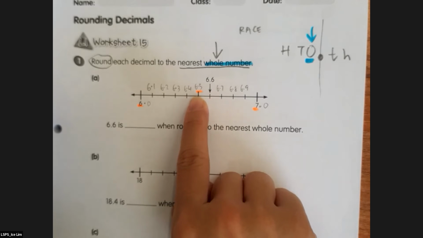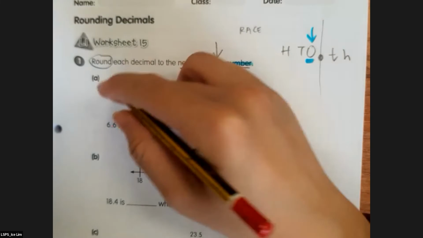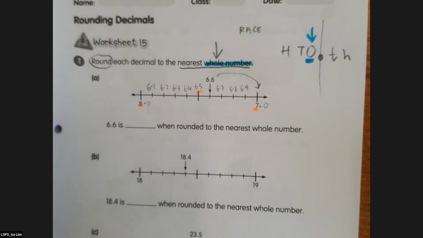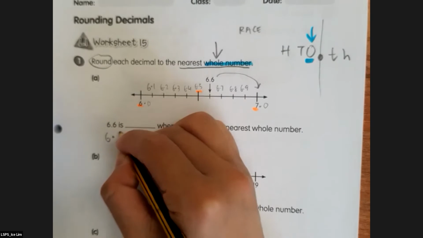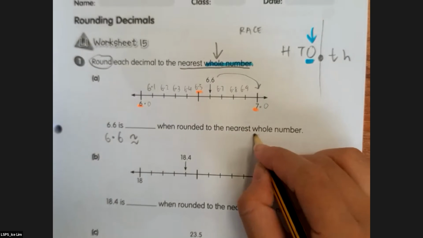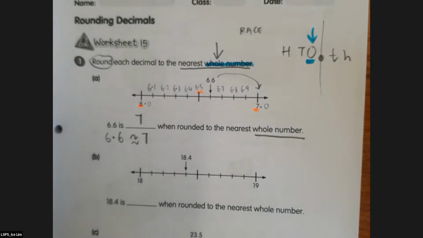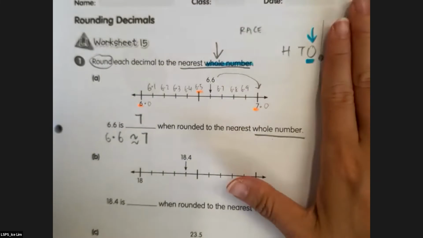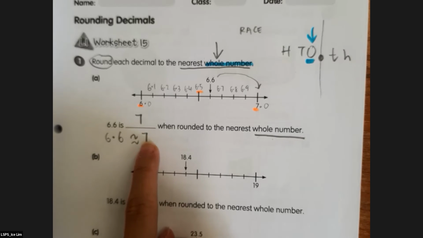So 6.6 is after the midpoint of 6.5, is nearer to 7 than it is nearer to 6. So when 6.6 is rounded to the nearest whole number, it should be 7. Now, because it says whole number, it stops at the ones place. I cannot write 7.0. If you write down 7.0, it's 0 marks.